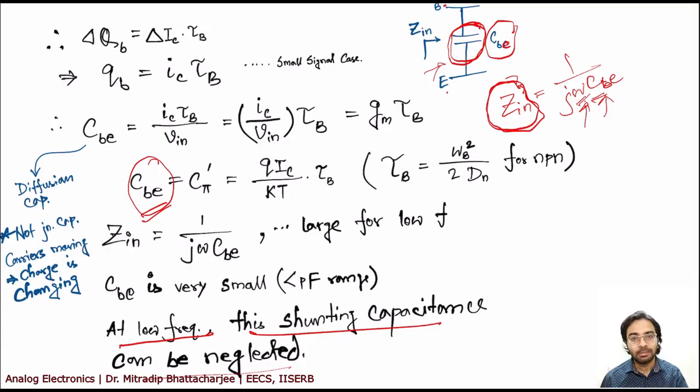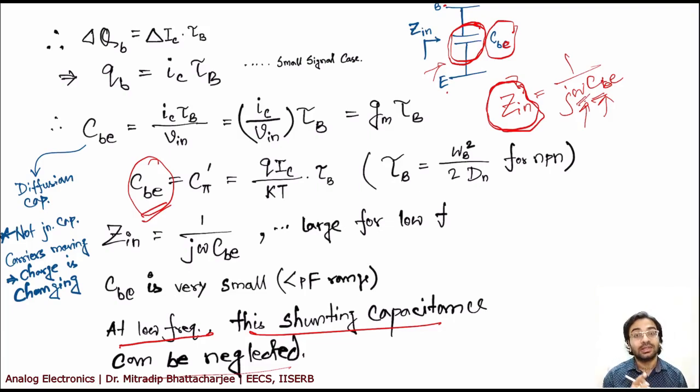Correct? This diffusion capacitance you will not get in the base collector. Why? Because the base collector is reverse biased. This diffusion capacitance is basically because carriers are moving, and therefore there is a change in the charge. That is what gives this C_BE, the diffusion capacitance. But the base collector is already reverse biased, there is no flow of charge, so you will not get this kind of diffusion capacitance there.